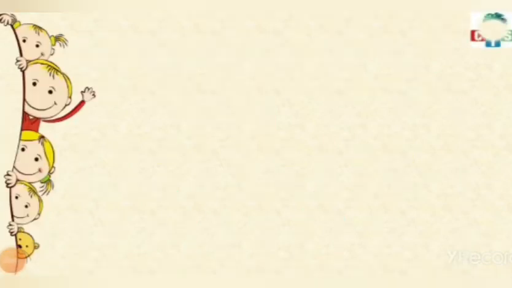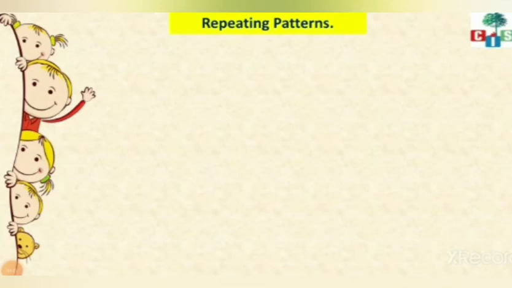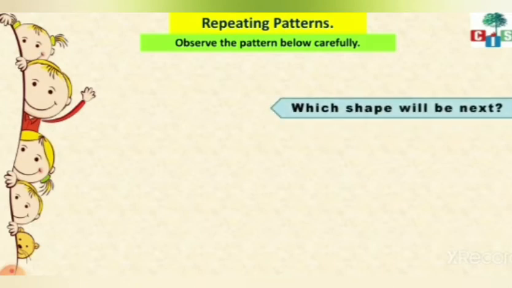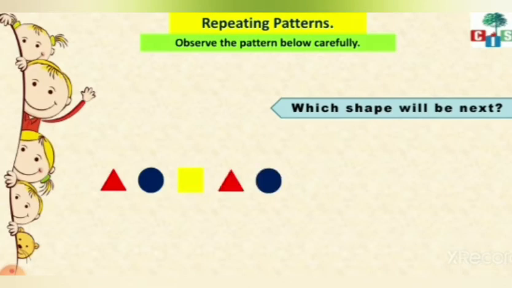Look at the slide. Repeating patterns. Observe the pattern below carefully. Which shape will be next? Let's see the shape first. Triangle, circle, then it is square. Triangle, circle, square. Now which shape will it be?